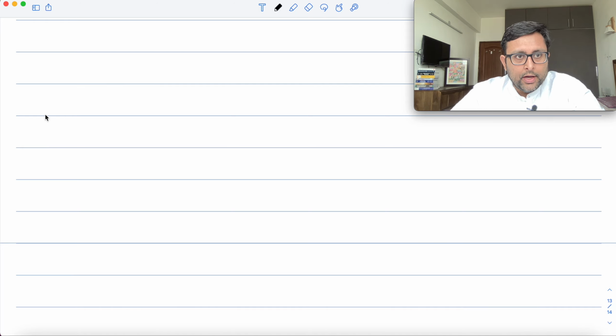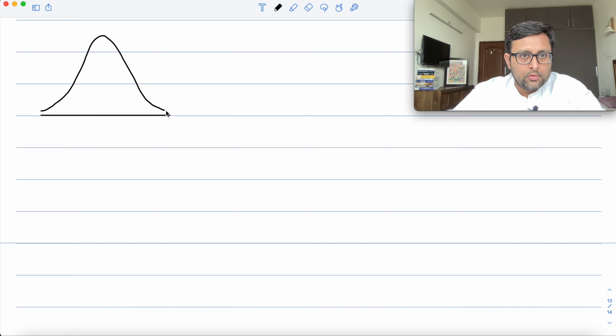Supposedly, if you have the sampling distribution of beta 2 hat like this, right? So this is what your beta 2 hat is. And at this particular point, your E of beta 2 hat is equal to beta 2.